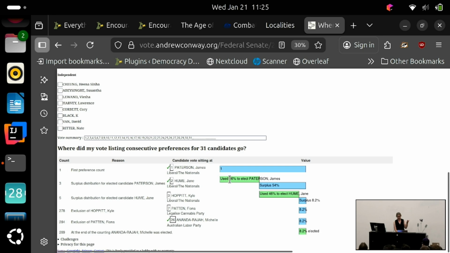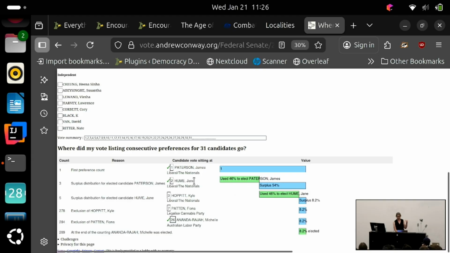I don't know if you can read this as 46%. So in this case, that party got a bit more than 2 quotas, and the transfer value for moving from that first person was about a half. So 46% of my vote got left sitting on that first candidate, and the rest of the surplus got transferred.